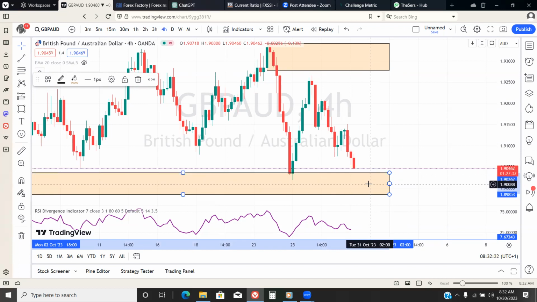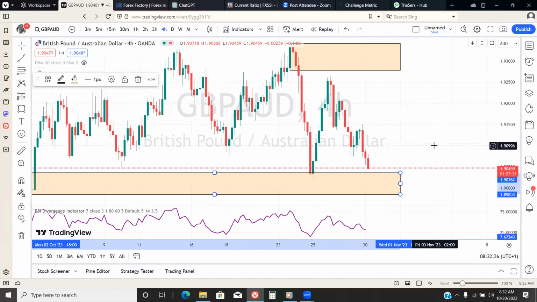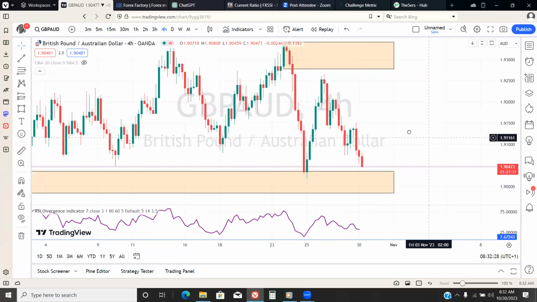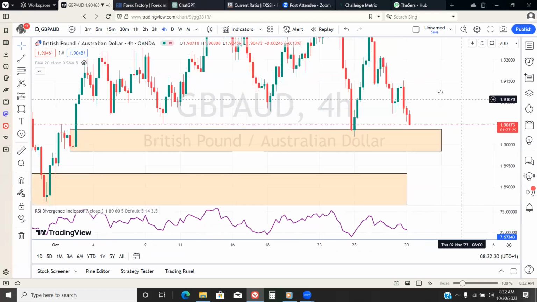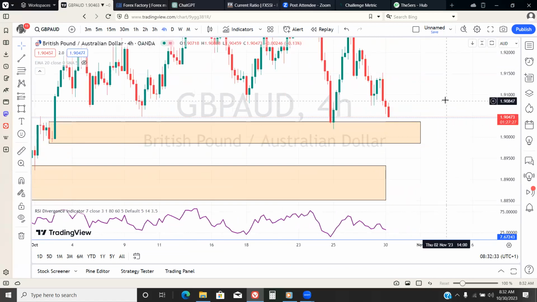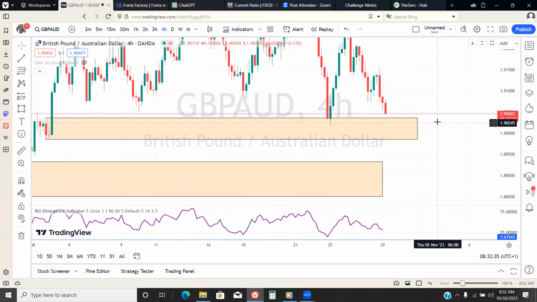So that is where I'm expecting GBP AUD to come to before we think of any buy. I'm expecting GBP AUD to come to those two prices I mentioned to you. The first price is 1.9030.